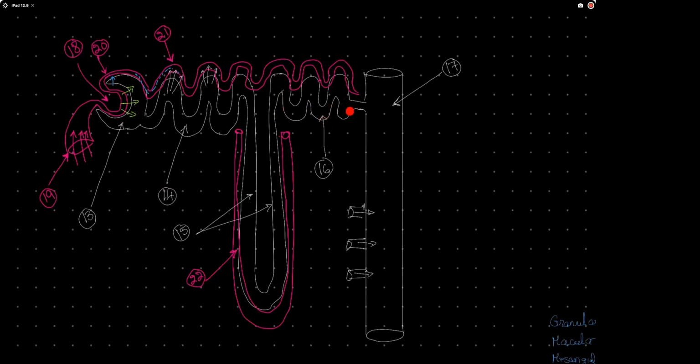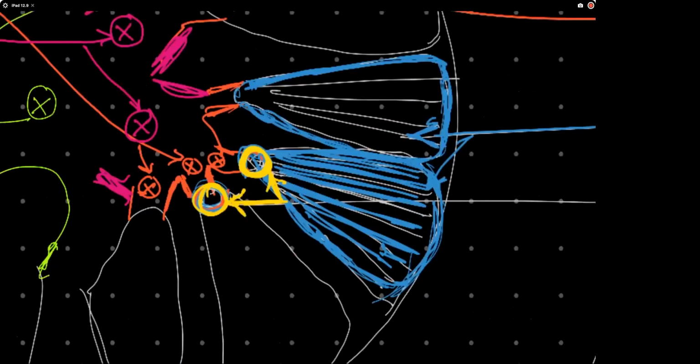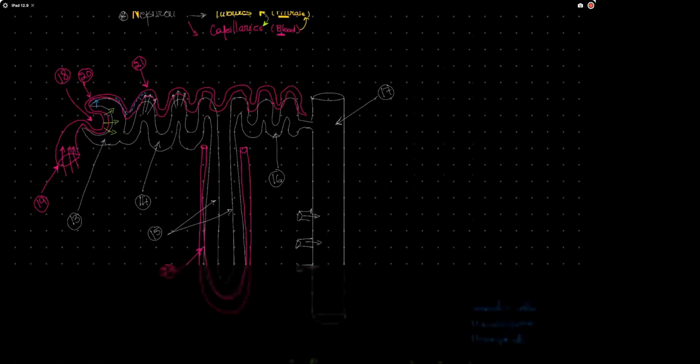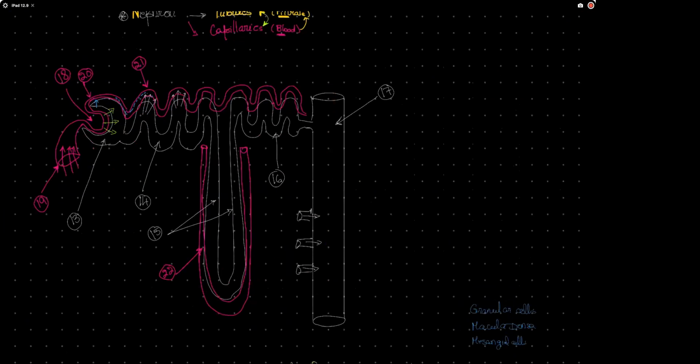Those are going to be marked number 16. And then I have ducts that are going to be collecting the urine from many nephrons, and those ducts are the ones that we've seen here traveling through the height of the renal pyramids. Those ducts on here. Those are my kidney tubules.